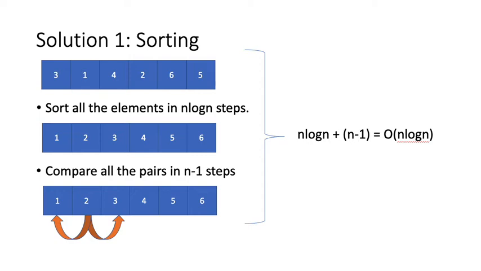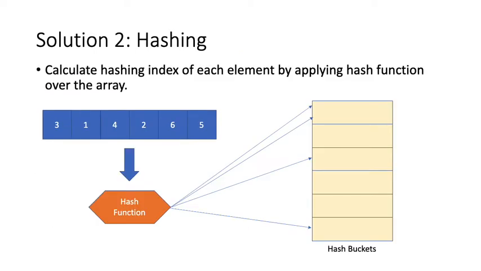The second approach that we are going to discuss is hashing based. We can use hashing to map every element of the input to the corresponding location in a hash bucket. So basically the function of a hash function is to calculate a certain value which maps your input to a location in hash buckets.